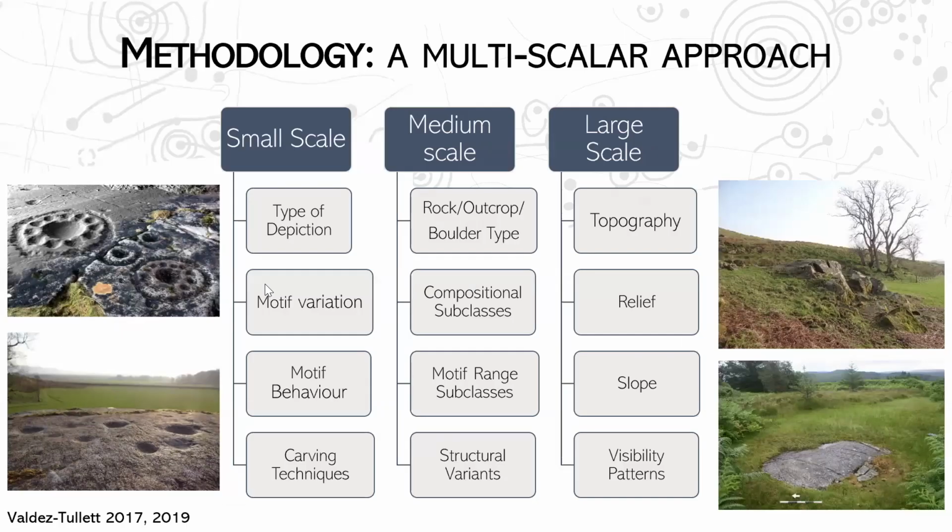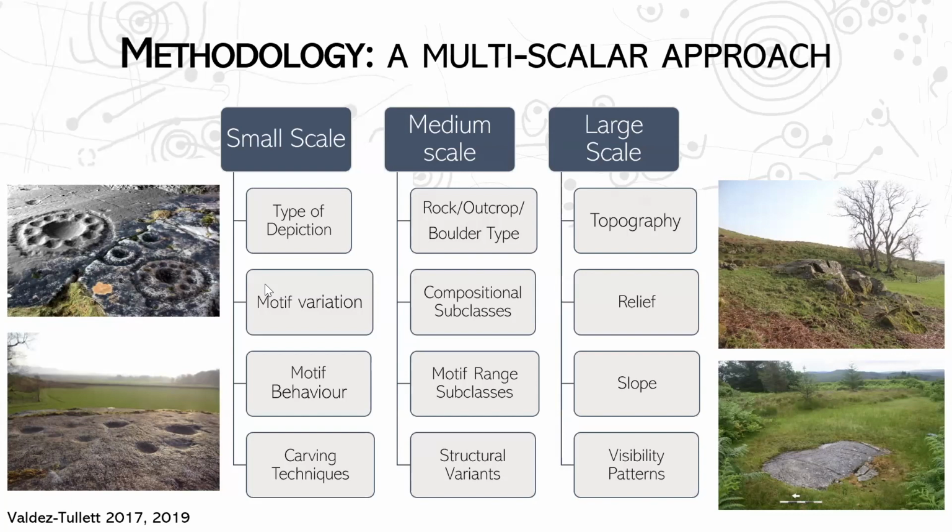Next one. Our approach is based on a three-scale methodology, which when combined allows us to look at the rock art as a whole. So we have the small scale analysis, which focuses on the morphology of the motifs and the very small details, as well as carving techniques.